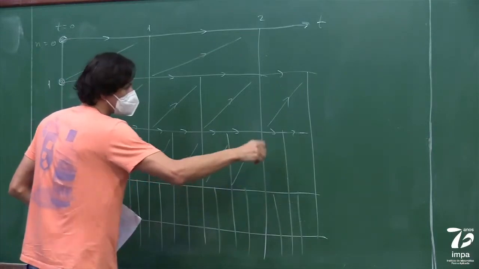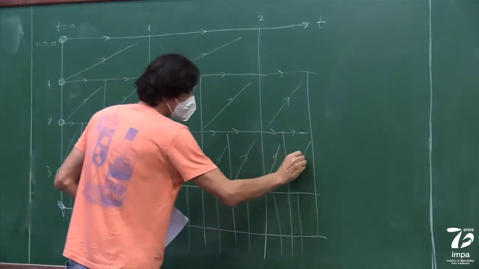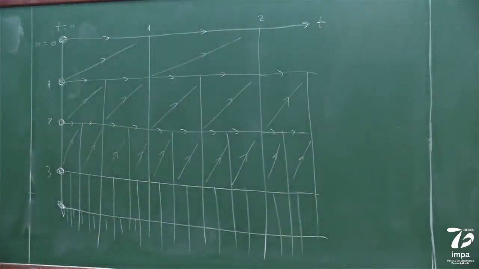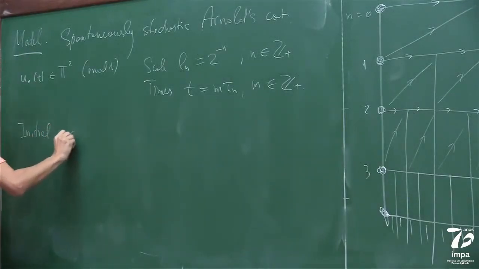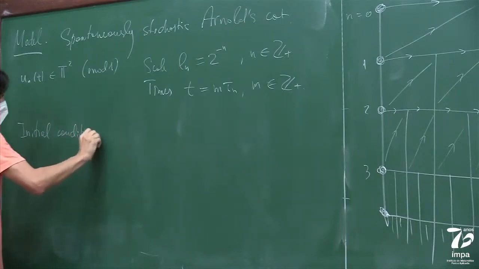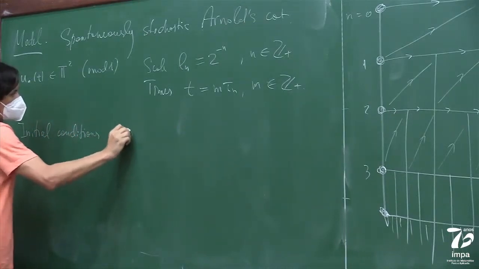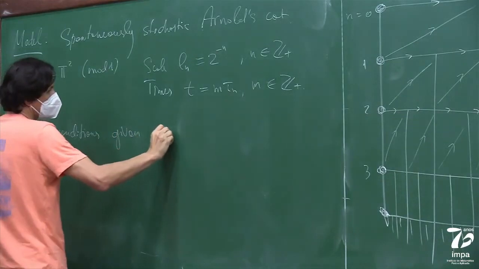So each rectangle is just the same. And then we need to make sense of the arrows. So what we do is, first we take the initial condition. So it's given, u_n at time 0.